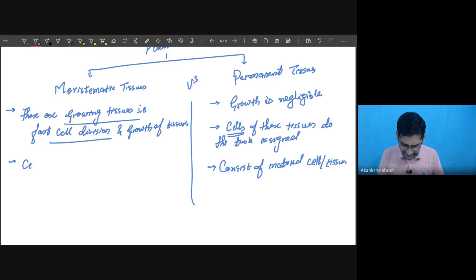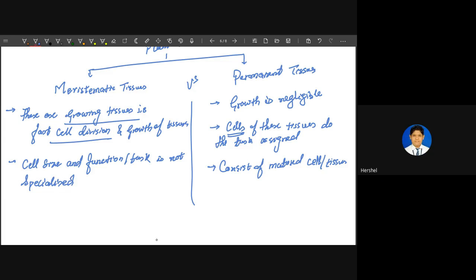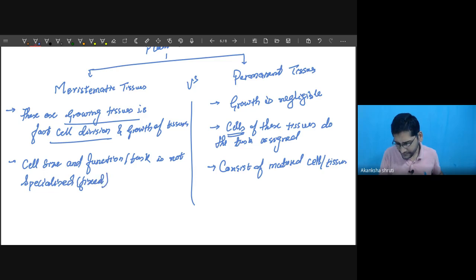So here the cell size and function, meaning the task, is not fixed initially, not specified or specialized. Once the cell and its function get specialized, meaning once the cell grows to a certain size, it gets matured, then it gets converted into this permanent tissue.